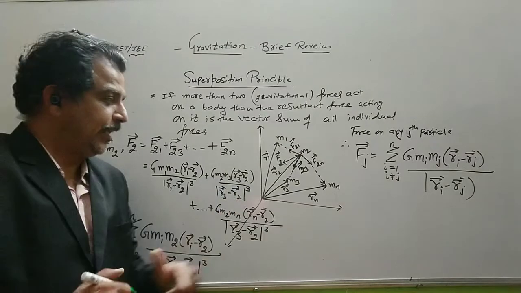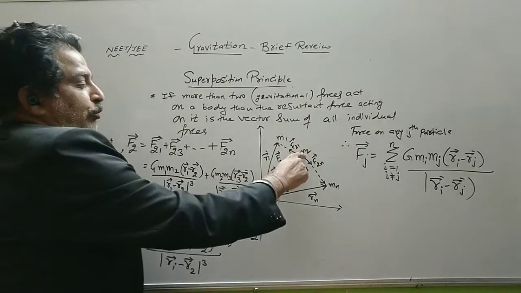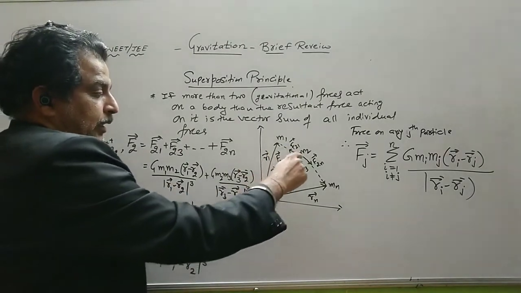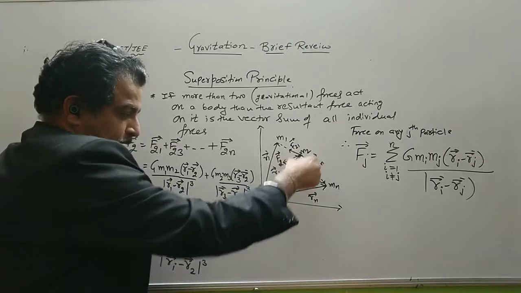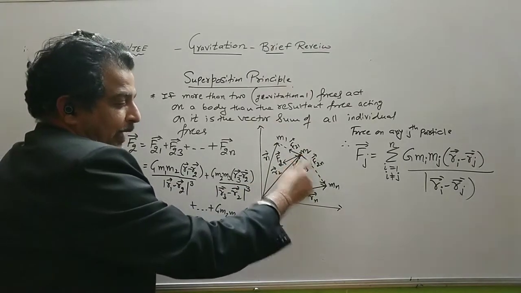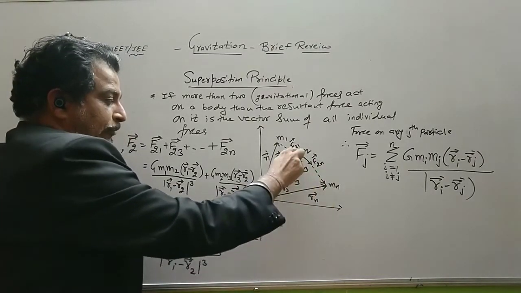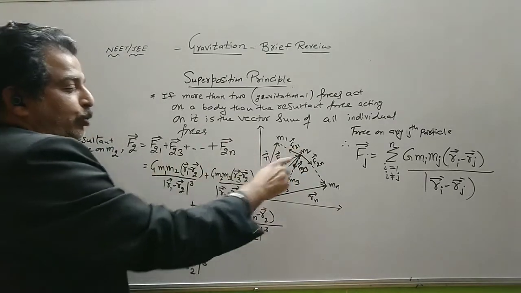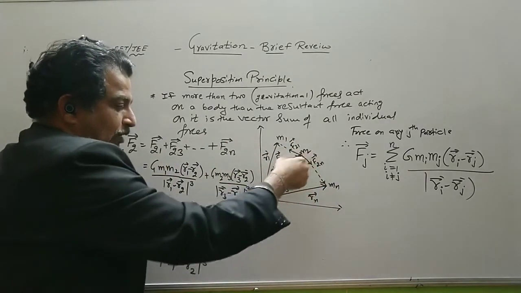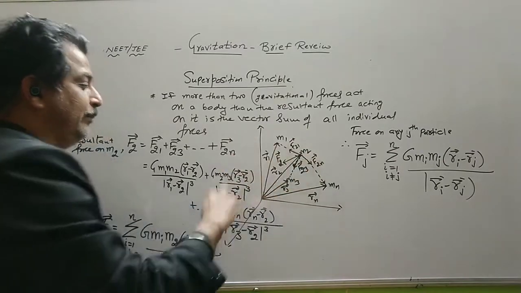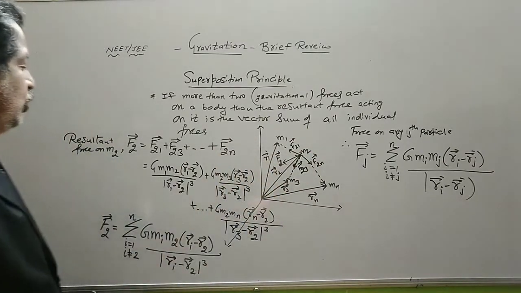Here different directions are shown. M2 will be attracted towards M1, towards M3, and towards Mn. So F21, F23, F2n have different directions, so the resultant will be somewhere in between them. That is F2, the resultant shown here.